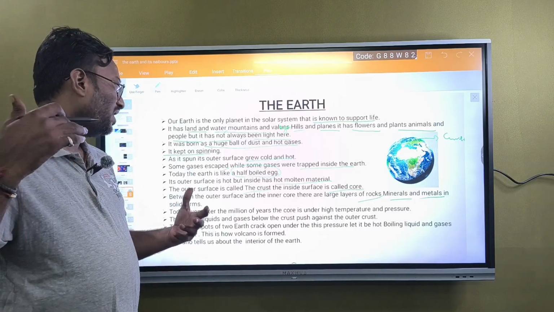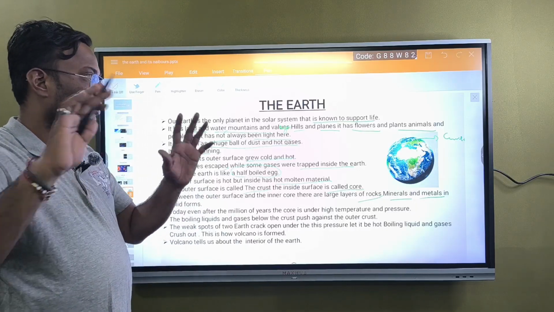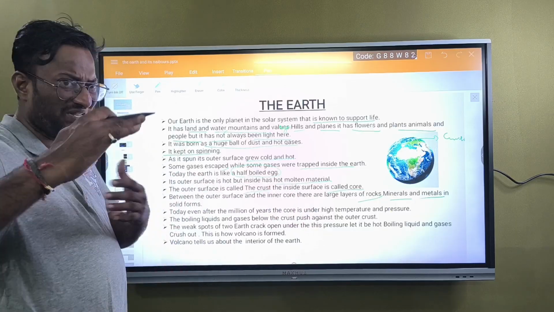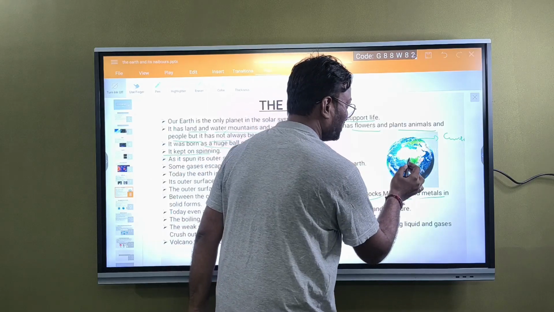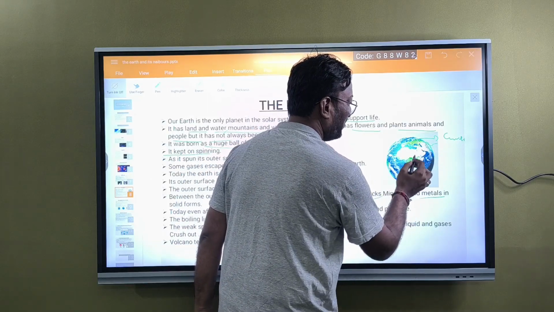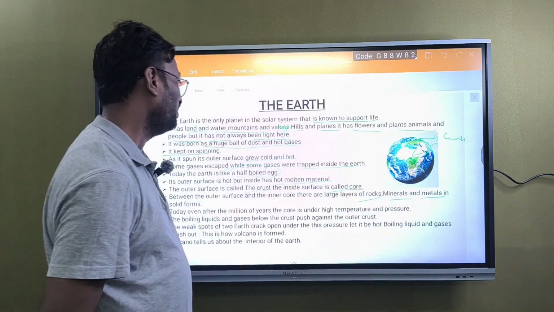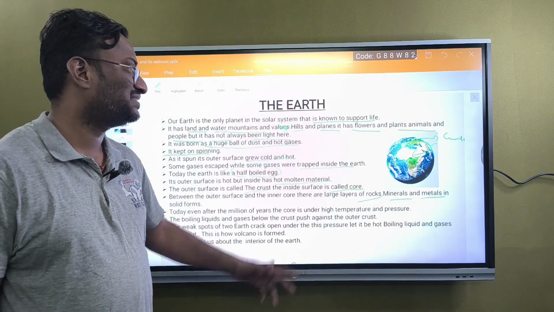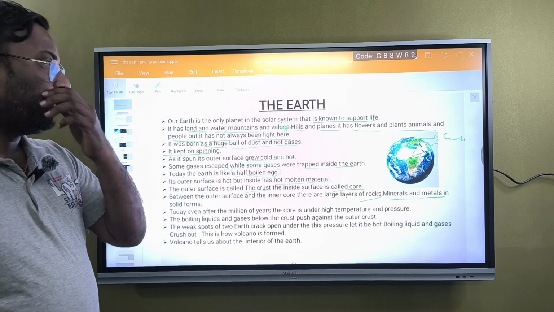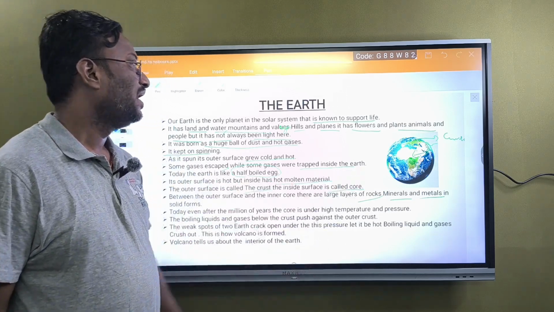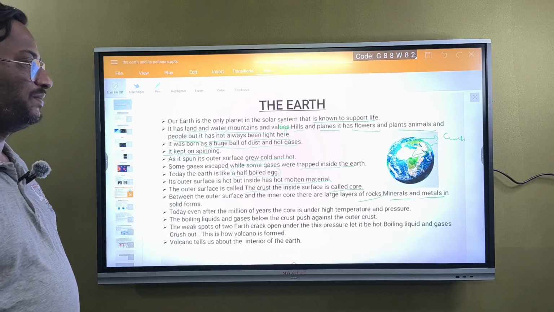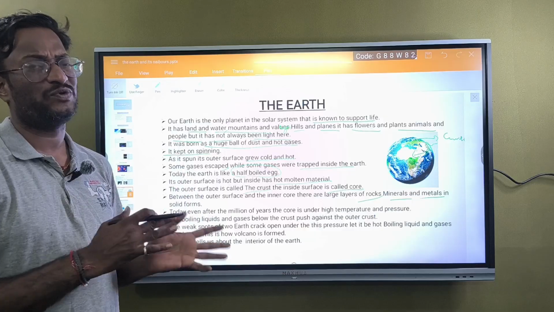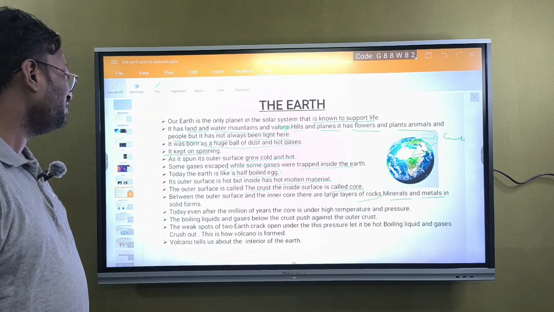So between the outer surface, crust, and the inner surface, core, in between these two, what we are having are large layers of rocks, big rocks, minerals like iron, copper, nickel, and metals in solid form. Minerals and metals, mineral ores will be there. You are going to learn one by one. From minerals we are going to get metals, in solid form.